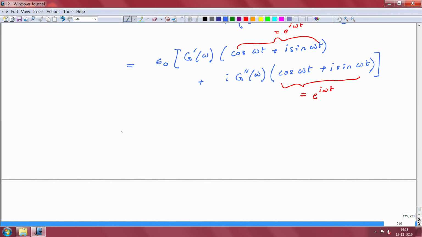So, I can simplify my case further by writing epsilon naught, this is now G dash of omega plus I times of G double dash omega e to the power I omega t.